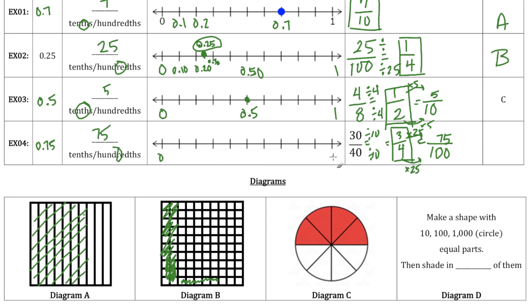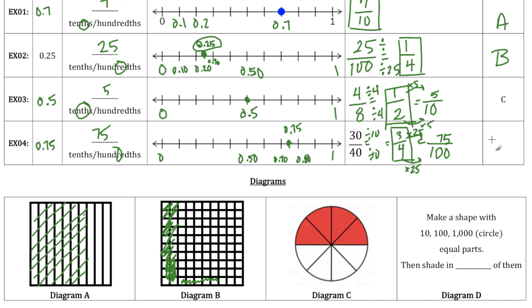And here's 0, here's 1, here is 50 hundredths. Here is 60 hundredths, 70 hundredths, 80 hundredths. 75 would be right in the middle here. 75 hundredths.